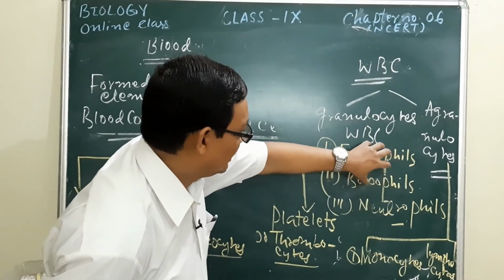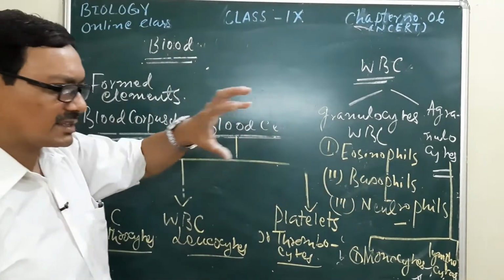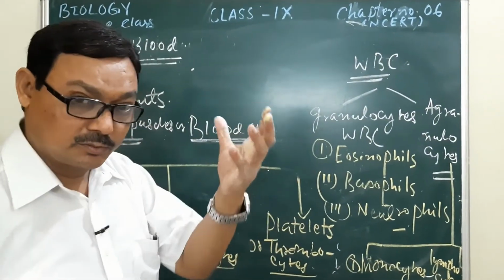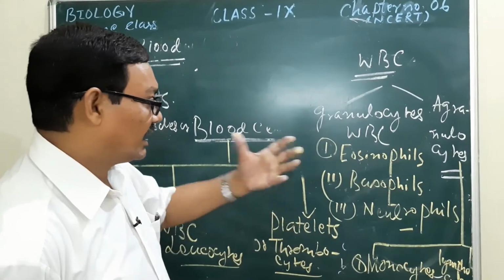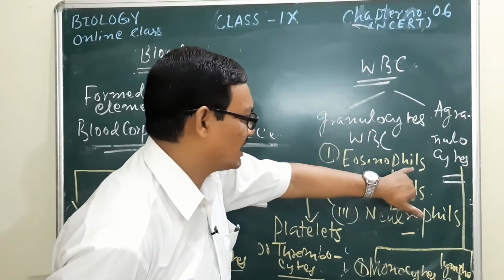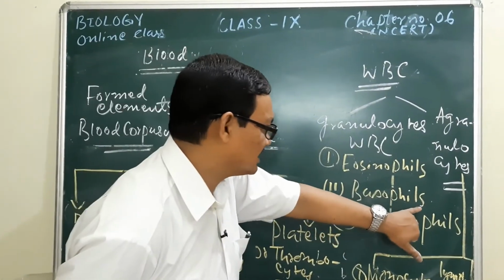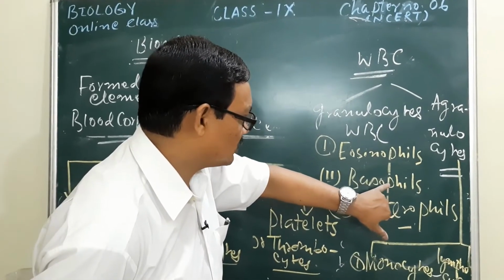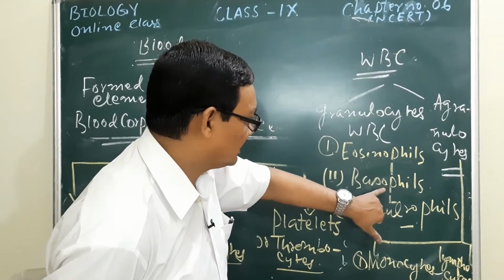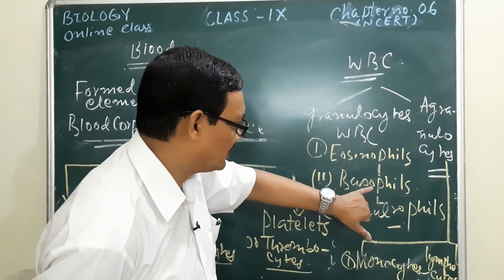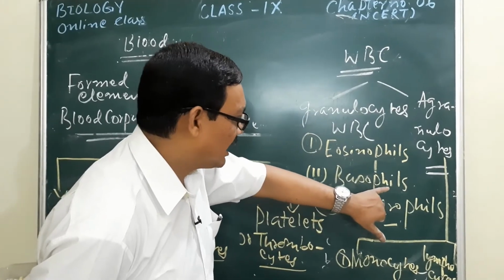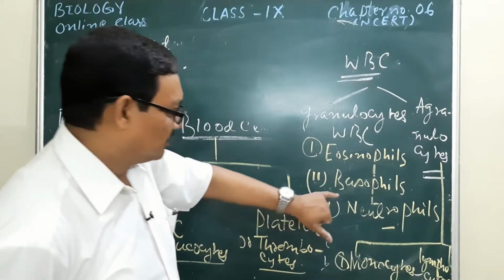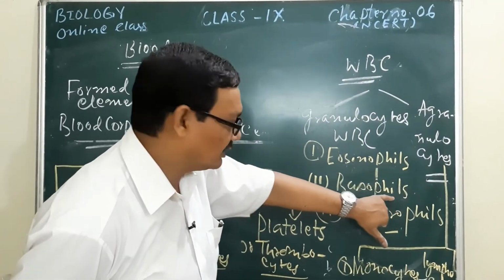There are some elements related with the production of anti-allergic antibodies, like eosinophils. Basophils are also anti-allergic, and also contain heparin, a type of protein which prevents blood coagulation within the vessels.